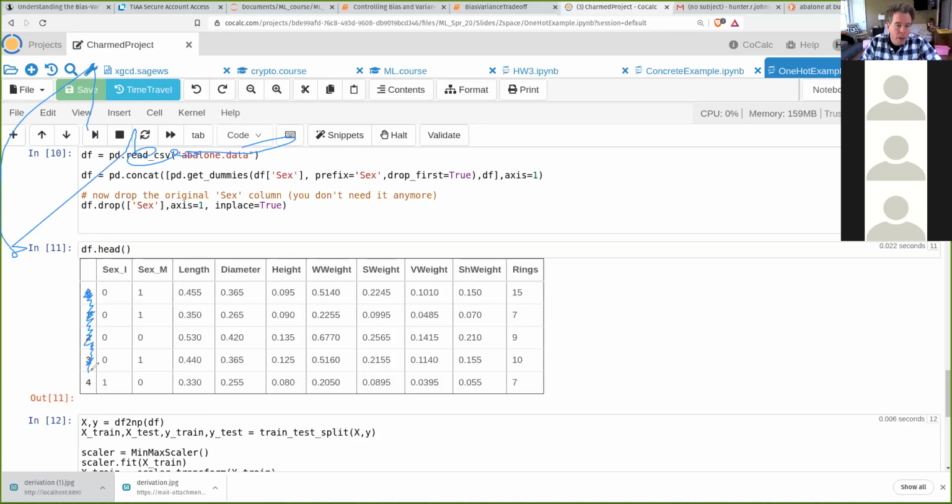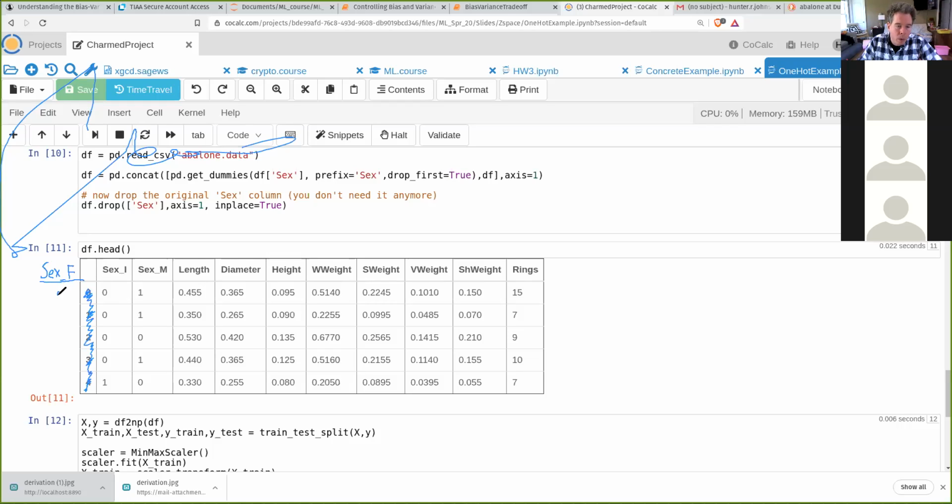You'll notice now that there are 2 columns and they're numerical, whereas before we had 1 column with one of 3 letters. They've left out sex F here. I want to explain how this encoding is working and why it is what it is.